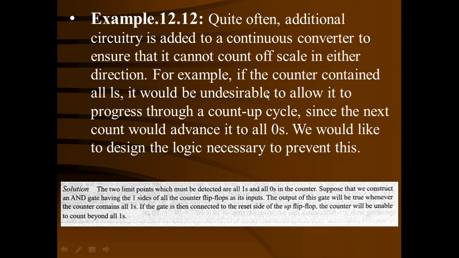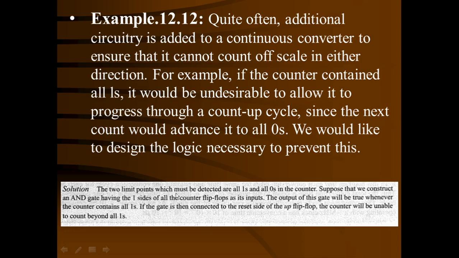So in that case the counter should operate in a countdown mode. That is the way the previous gate was constructed. Since the next clock cycle would advance it to all zeros, we would like to design the logic necessary to prevent this, and that is nothing but the two gates which we have prepared in the figure.